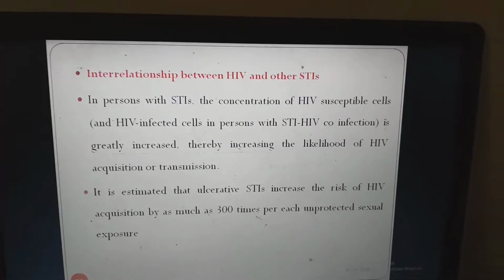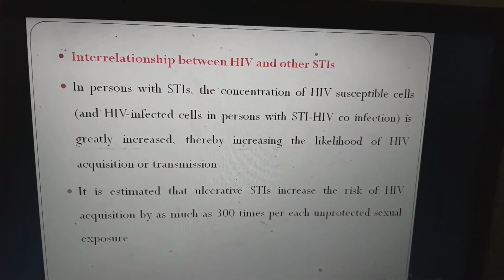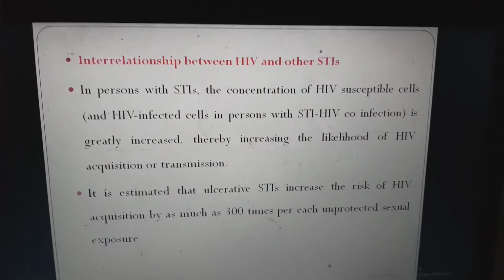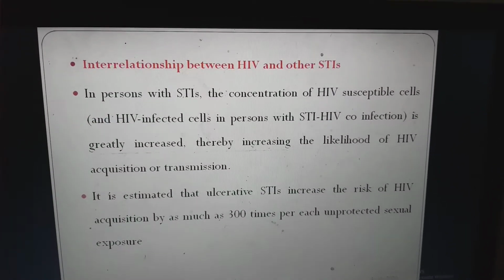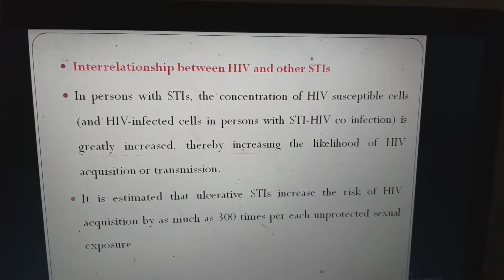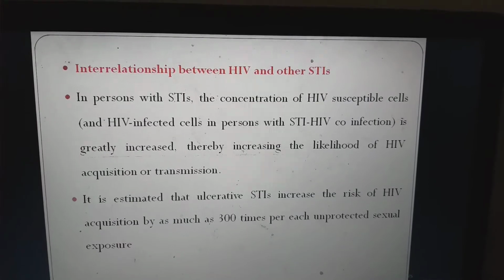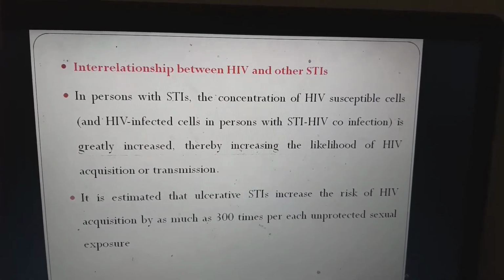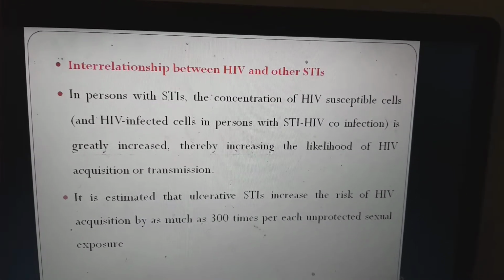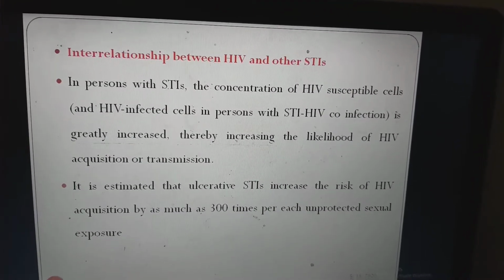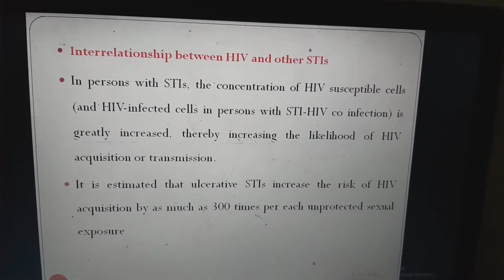Interrelationship between HIV and other sexually transmitted infections. Is there a relationship between them? Of course. In persons with sexually transmitted infections, the concentration of HIV susceptible cells and HIV infected cells in persons with STI and HIV co-infection is greatly increased, thereby increasing the likelihood of HIV acquisition or transmission.